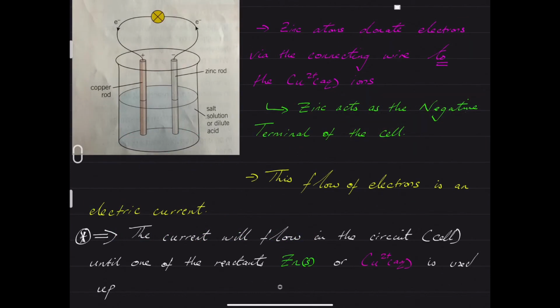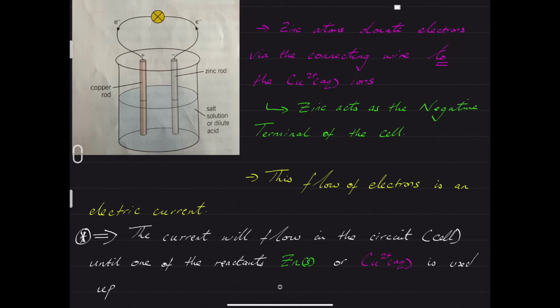So now the next points we have to note down: in terms of describing the process, what's happening, zinc atoms donate electrons via the connecting wire to the copper 2+ aqueous ions. If you remember back to our equation, we had copper sulfate aqueous.